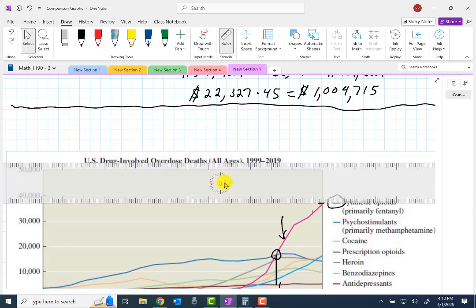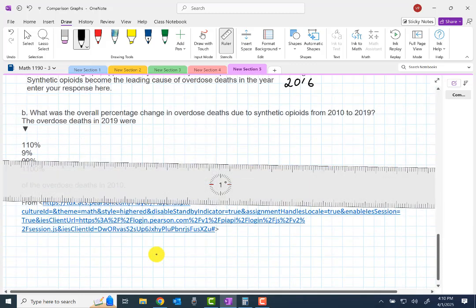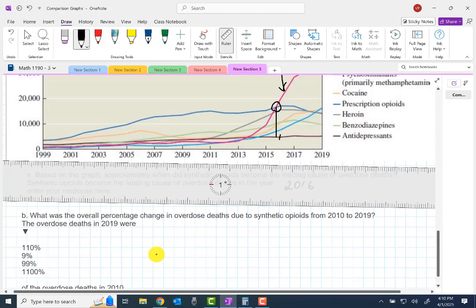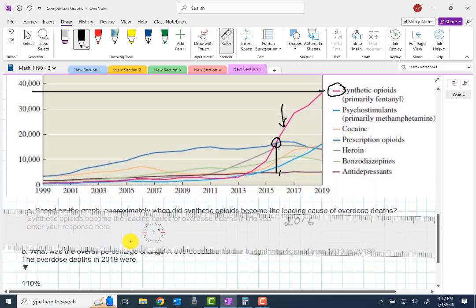It's right about there, I think. Let me draw a line. Okay, and then between what two years was it? 2010 and 2019. So let me take this and find 2010.